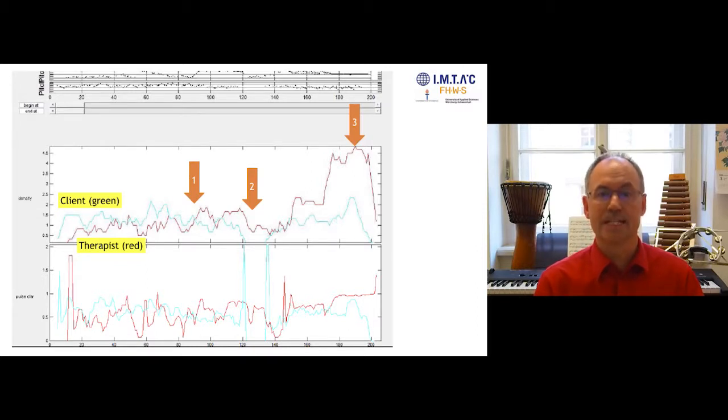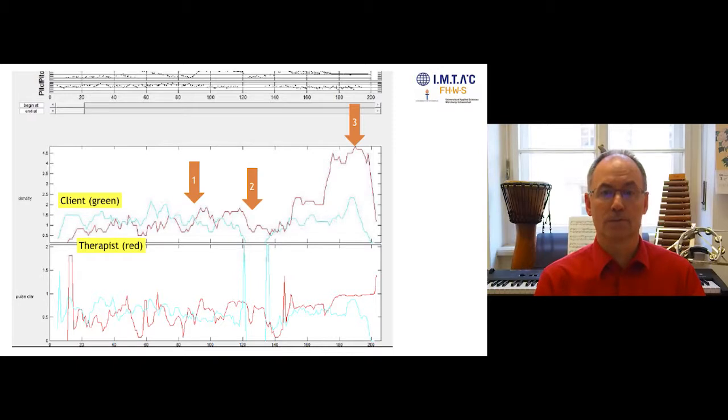However, in second 120, arrow number 2, the client stops playing. The therapist keeps playing and the client starts playing again. Now the client is the follower and the therapist the leader in density.